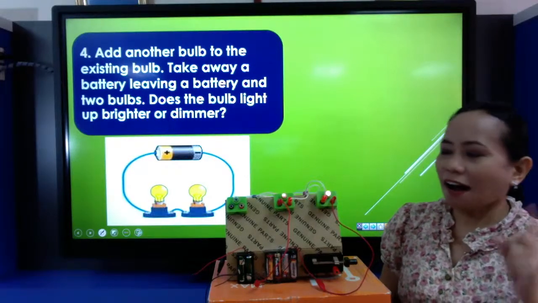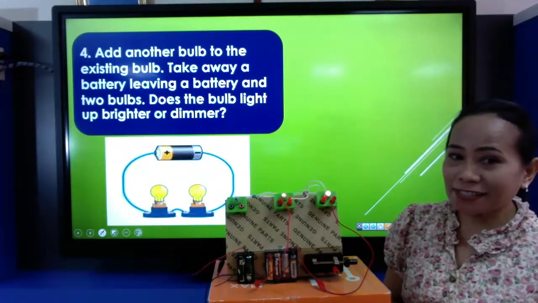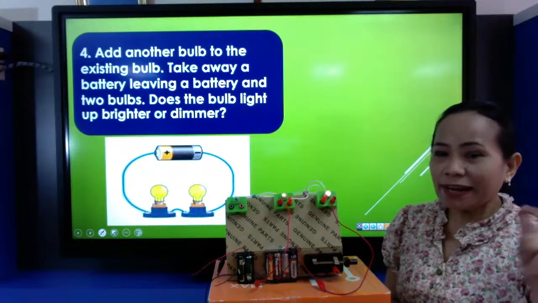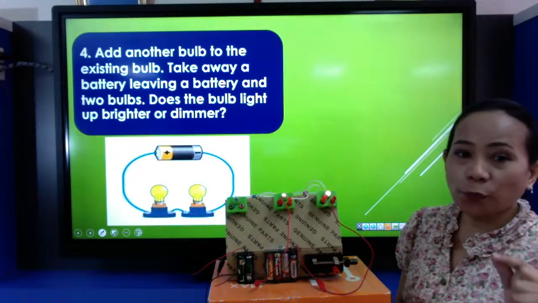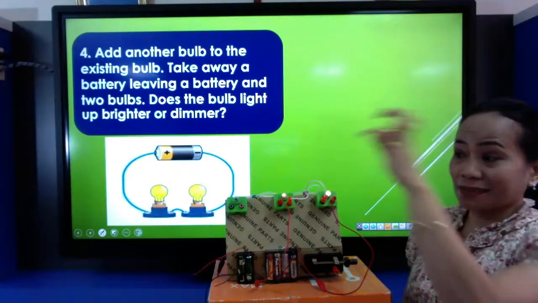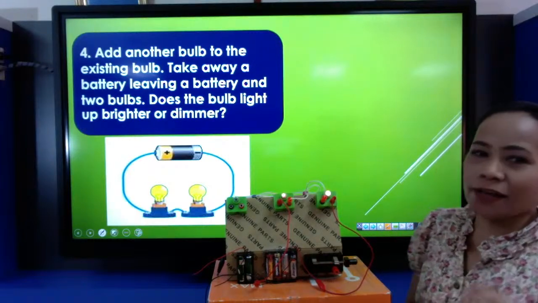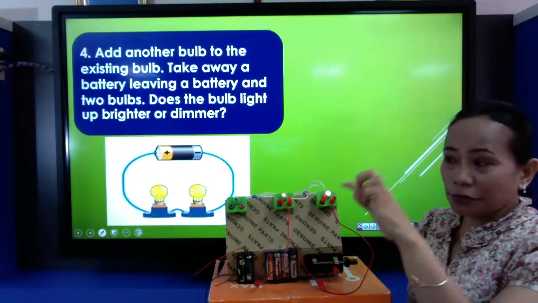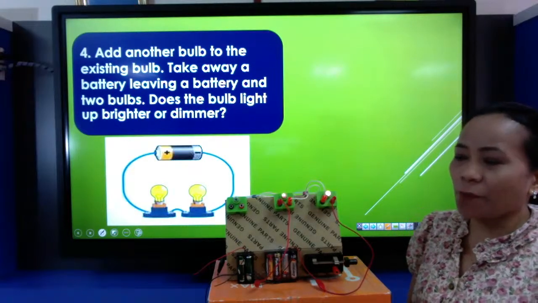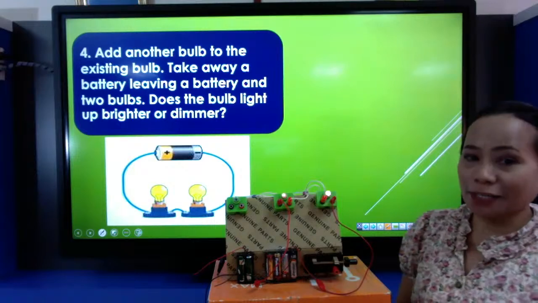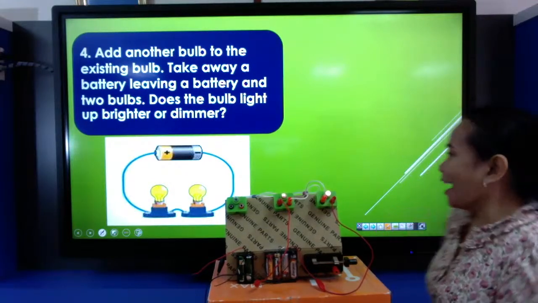Probably not, right? So to summarize the topic for today, we can produce a bright light if we have fewer bulbs or less load. If you have more load, the bulb produces a dim light. By adding batteries, it produces a brighter light.